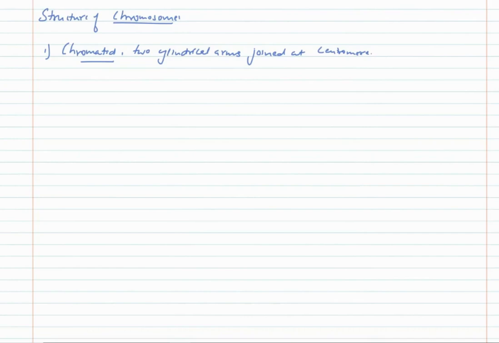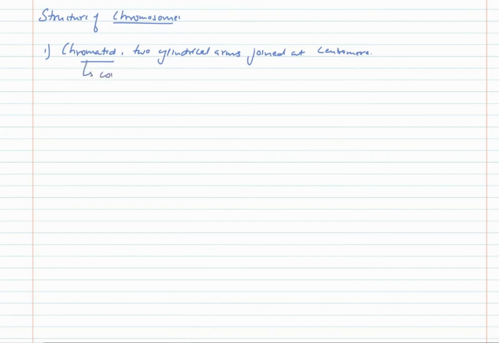So these chromatids are known as sister chromatids. They are joined together by a common centromere. A chromosome may have a single chromatid or it may have two chromatids. Each chromatid consists of a single long thread of DNA.